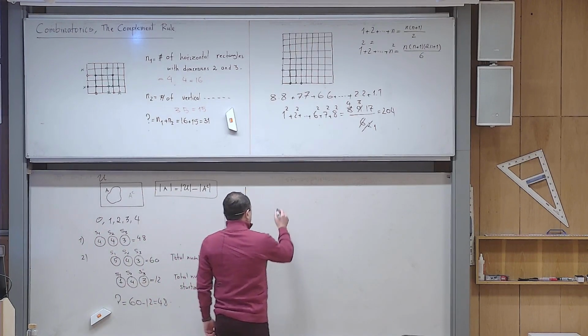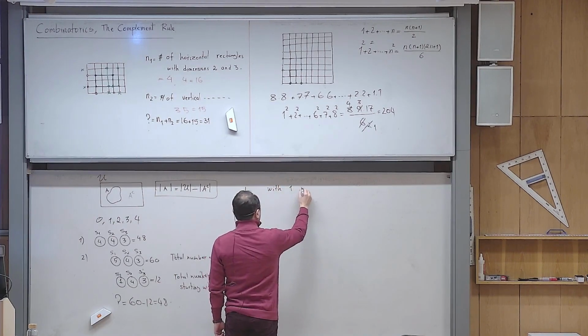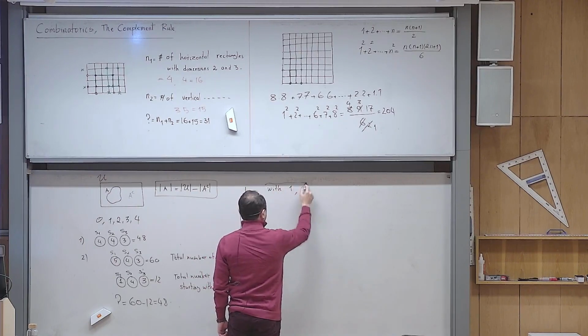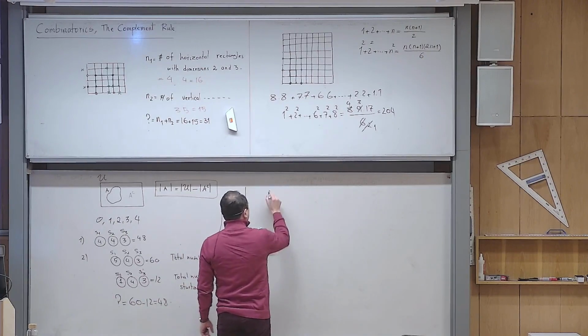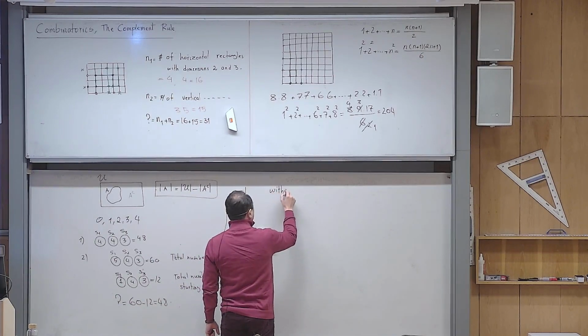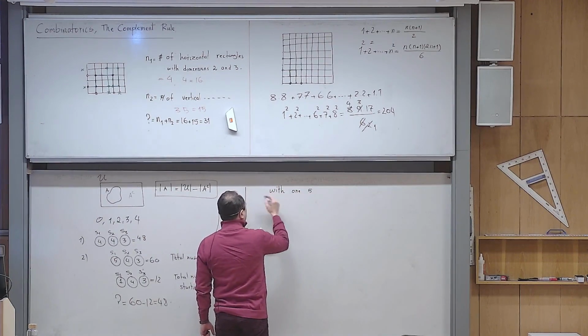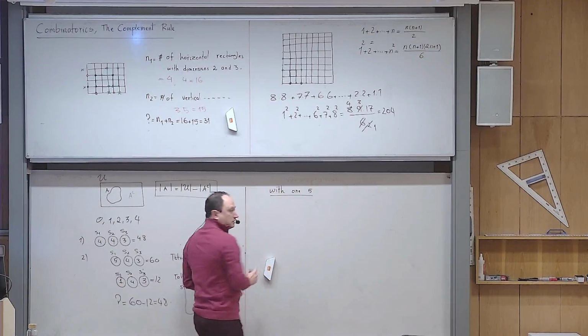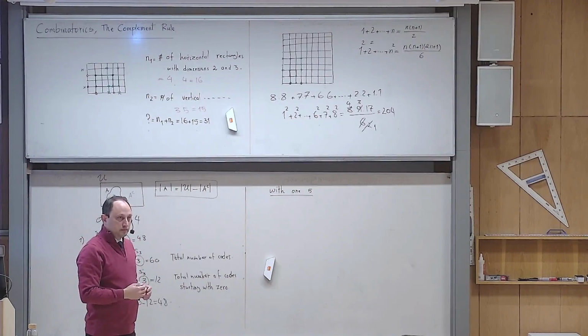So with one 5, yes? I don't know, let me write it a little bit properly. So with one 5, how can I calculate this? So the number of numbers with one 5. Okay, so yes? You can count with 5 on the left, 5 in the middle, and 5 on the right.